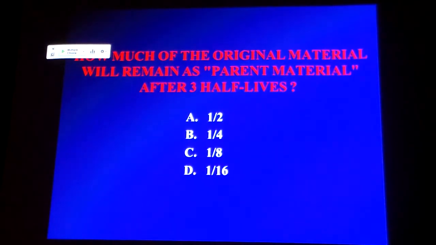So, how much of the original material will remain as parent material after 3 half-lives? Give me 20 seconds. Half of a half of a half.